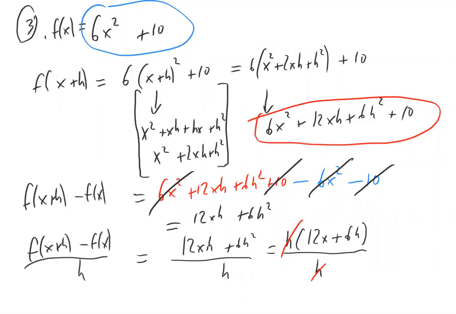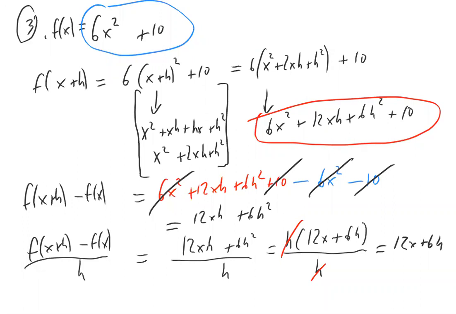Oh, you know what? I made a mistake. At the beginning of this problem, there was actually a 10x. Just a second, I'm almost finished. So this equals 12x plus 6h.